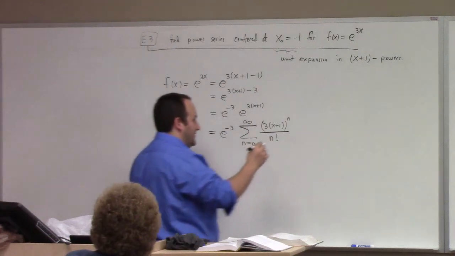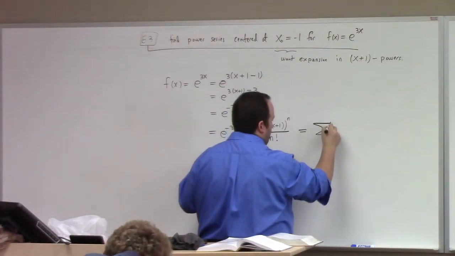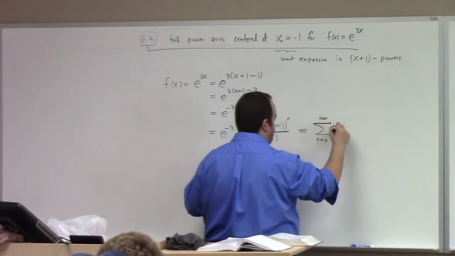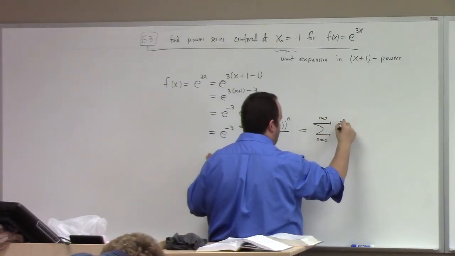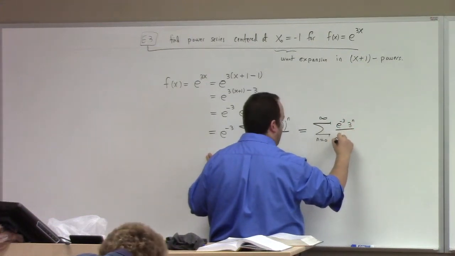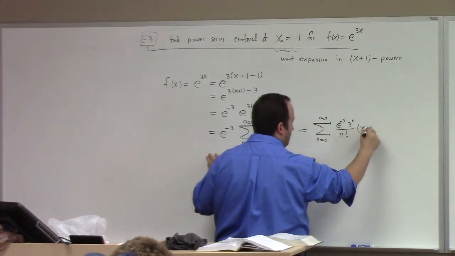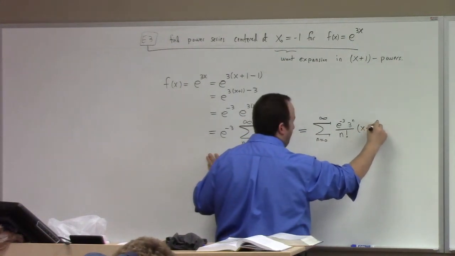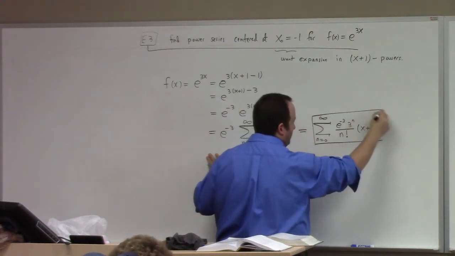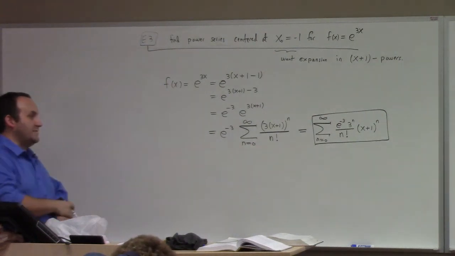But go back to my definition, we have to have it in a particular format, so let me make that happen. So n equals 0 to infinity, we've got e to the minus 3 times 3 to the n divided by n factorial times x plus 1 to the power n. There you go. That is the power series for e to the 3x centered at minus 1.